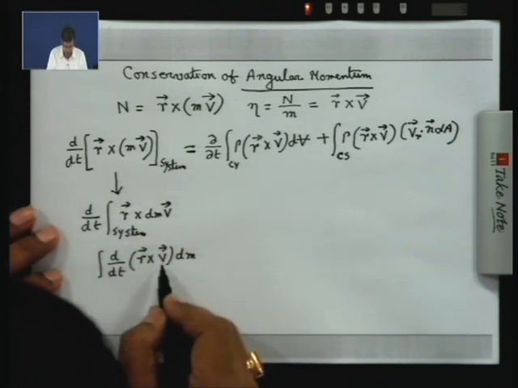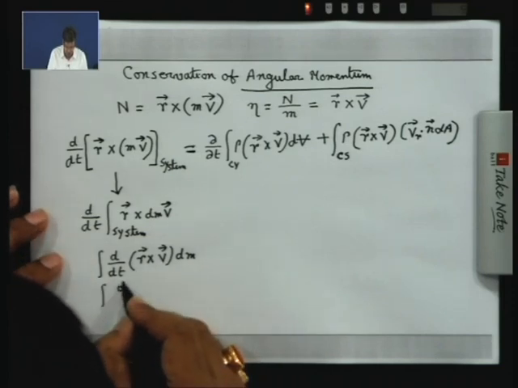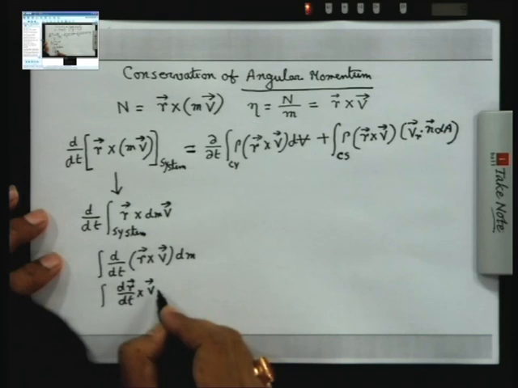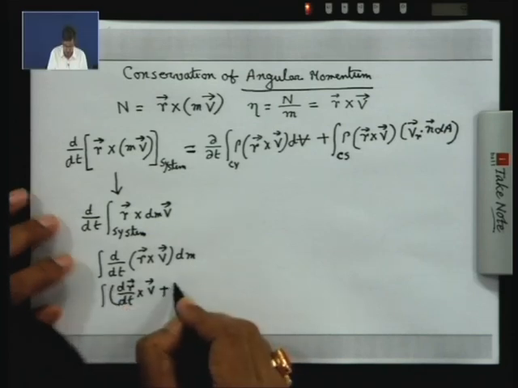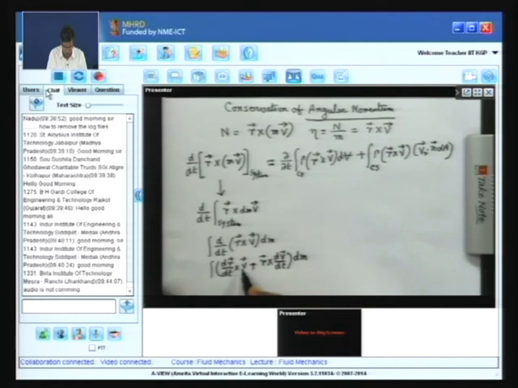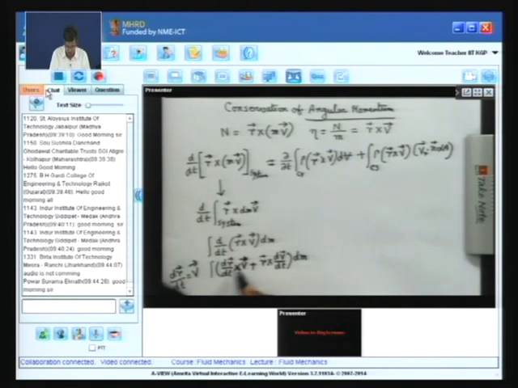Now, if we differentiate, the first term will be dr dt cross v, plus r cross dv dt, all times dm. Now, dr dt is again v. So v cross v is 0.